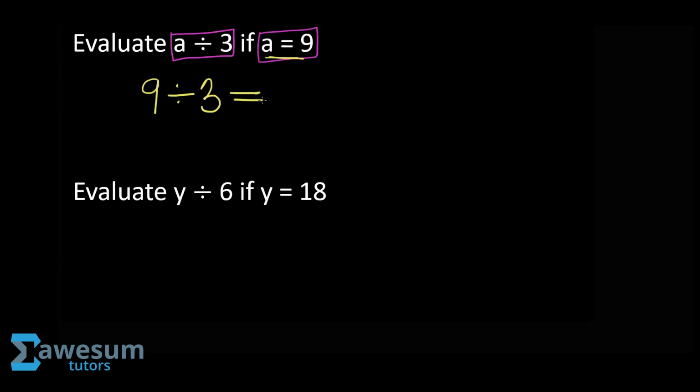So that means 9 divided by 3 can be rewritten as 9 over 3. And if you take note of this, 3 is a factor of 3 and 9. So in that case, I can have 3 here, 1. 3 in 9 is 3, because 3 times 3 equals 9.